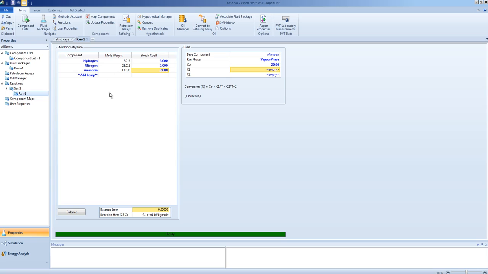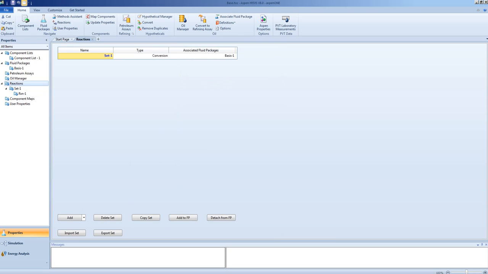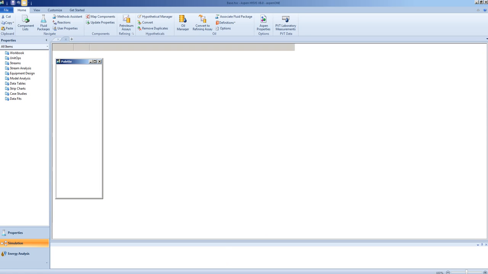Now that we've set up the conversion reaction, notice that it's gone green and it's ready for use. Now we're ready to go into our simulation environment.